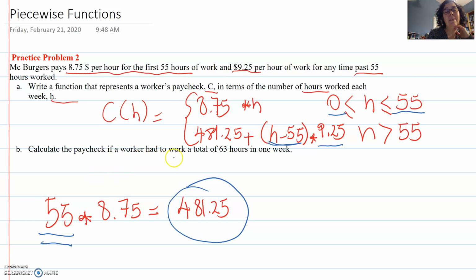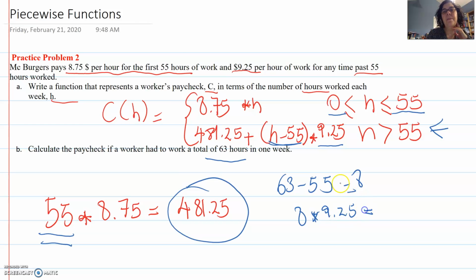Okay, so the problem continues. If a worker had to work a total of 63 hours in 1 week, 63 falls into this condition. So for that worker, we are going to pay 63 minus 55, 8, times $9.25, right? I'm not sure how much it's going to make. I did not put it in my notes.